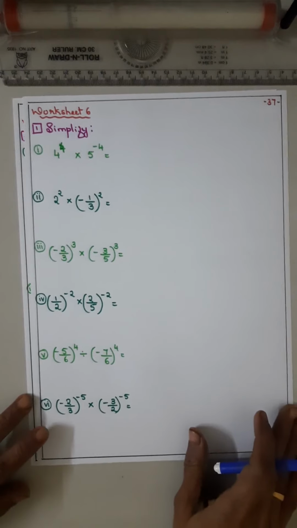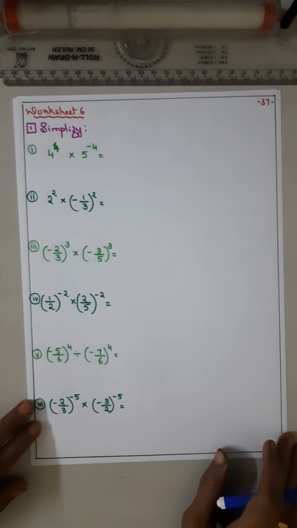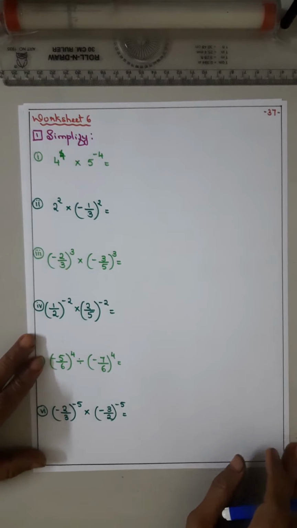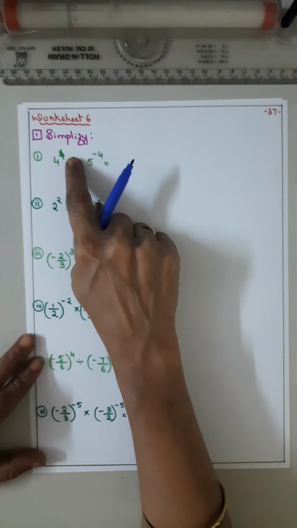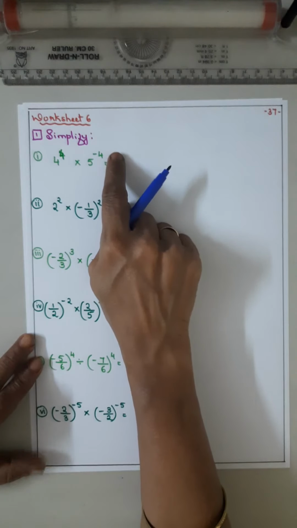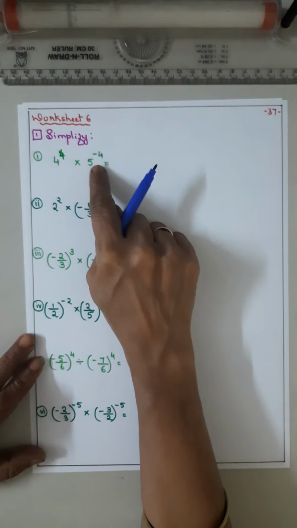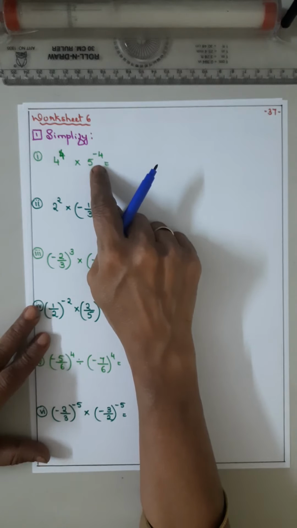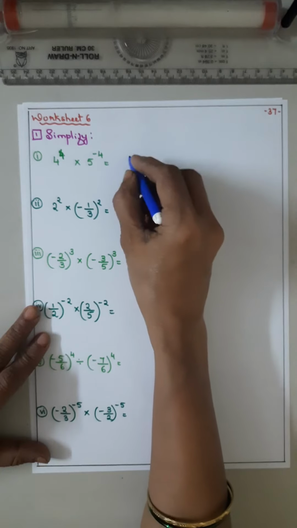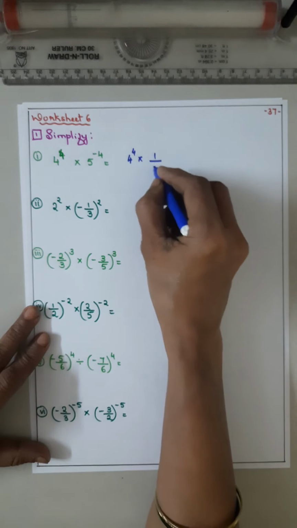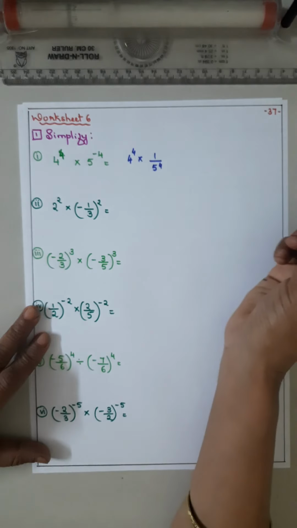Now coming to worksheet 6. Simplify: 4 to the power 4 into 5 to the power minus 4. See, this is a negative power, so convert it into a positive power. So, 4 to the power 4 into 1 by 5 to the power 4.